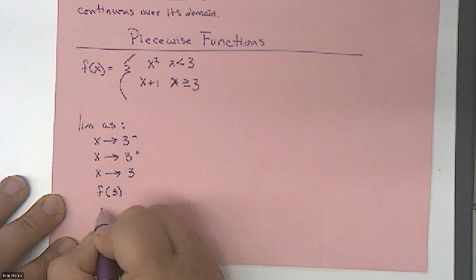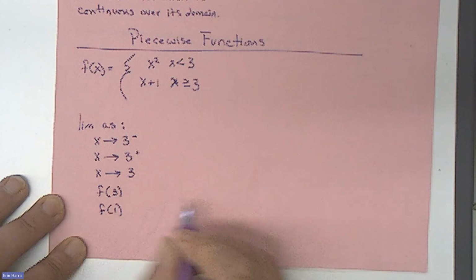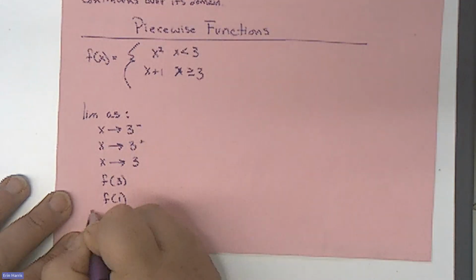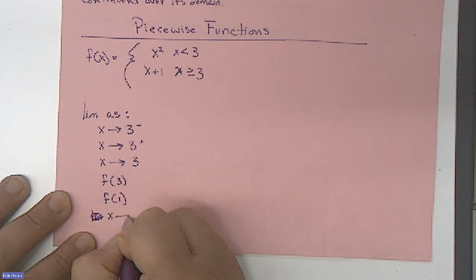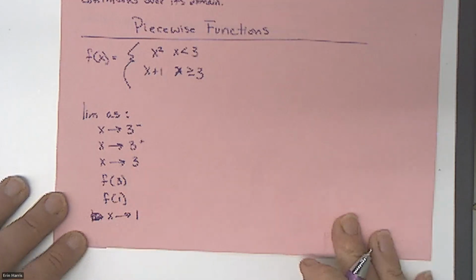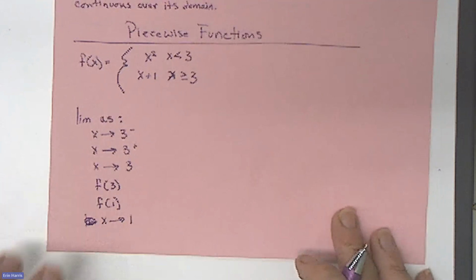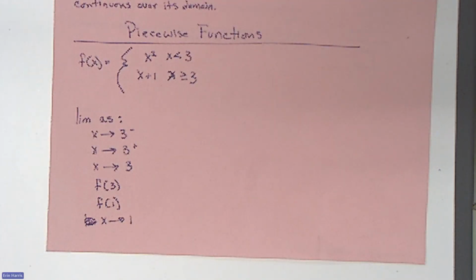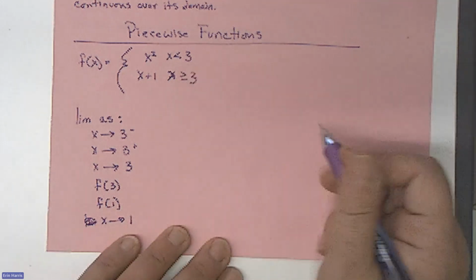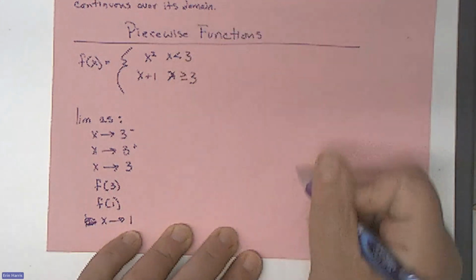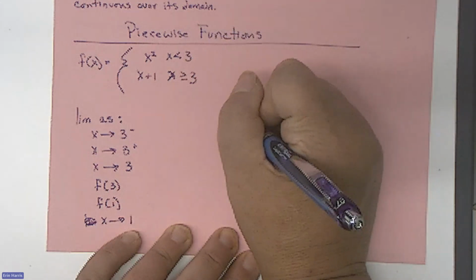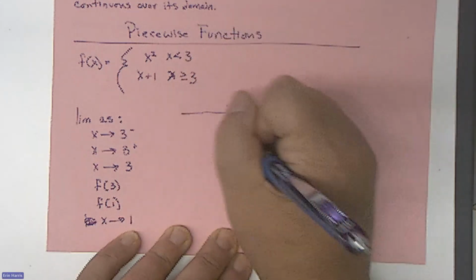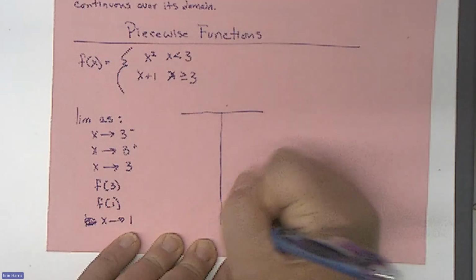We'll do f of 1 and the limit as x approaches 1. Okay, so my best advice for drawing piecewise functions is that you put the 3. So this is where it changes. So do what your high school teacher taught you to do, where you were taught to make a table of values.